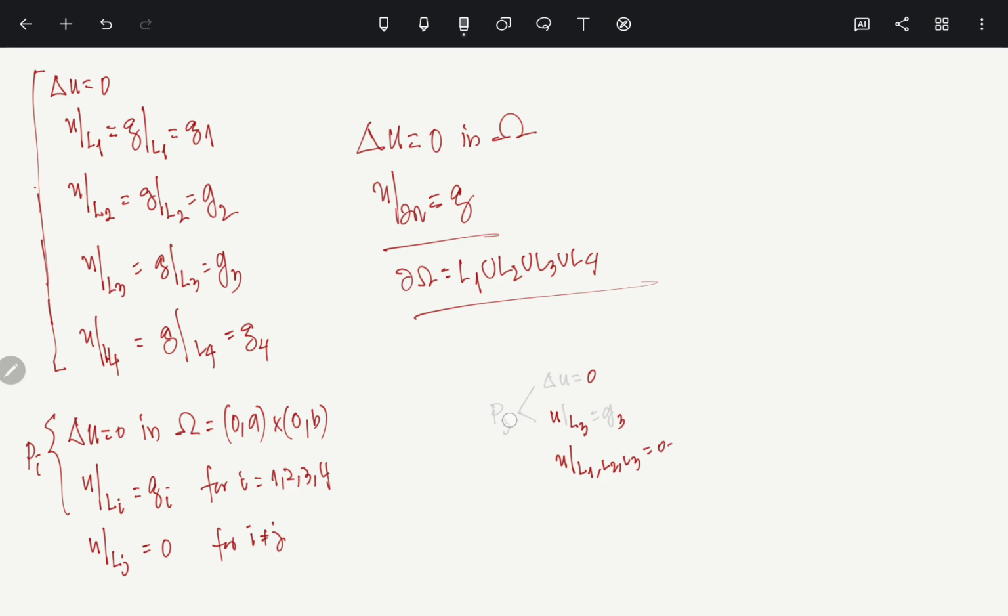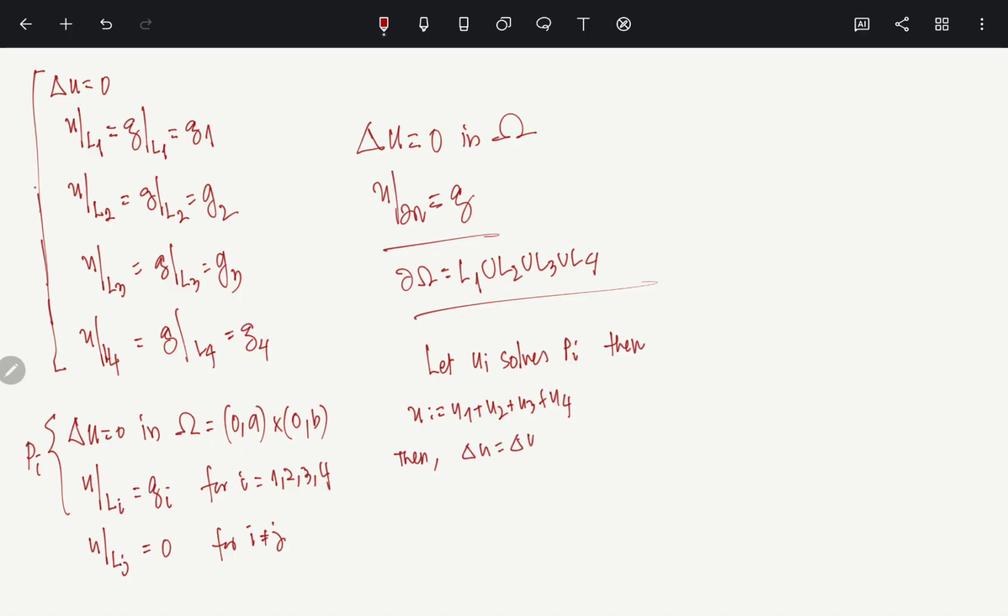Now you see, if we can solve this problem, let ui solve Pi. Then if you define u as u1 plus u2 plus u3 plus u4, what happens to Laplacian of u?